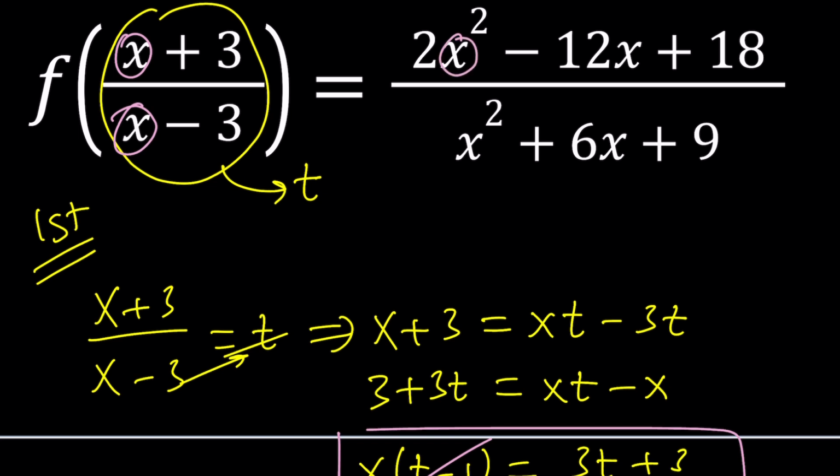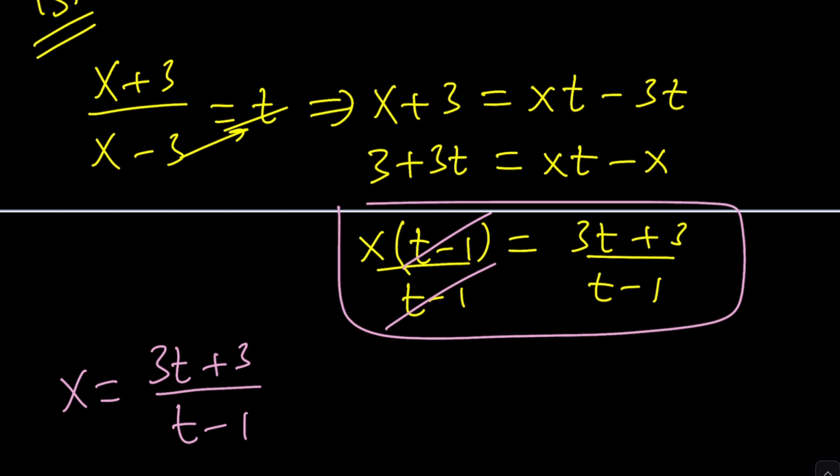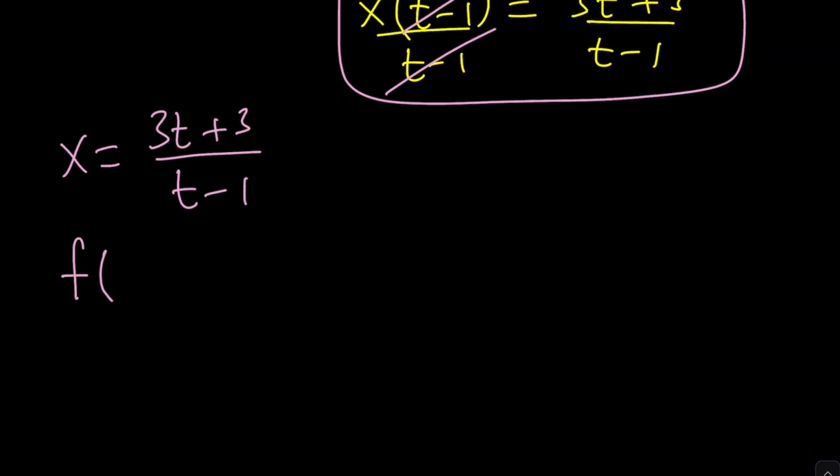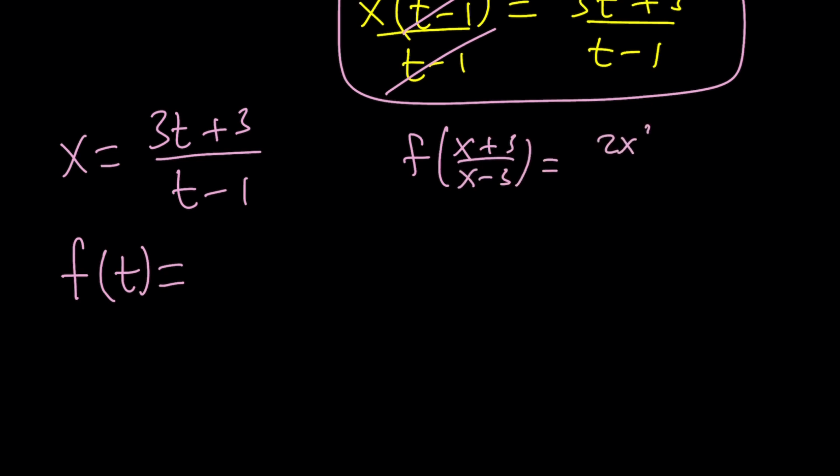What I'm going to do is substitute that on the right-hand side. There are four occurrences of x. So here's how it goes. f of t. Now on the right-hand side, remember we had this. So let me rewrite it here so you can see what it looks like.